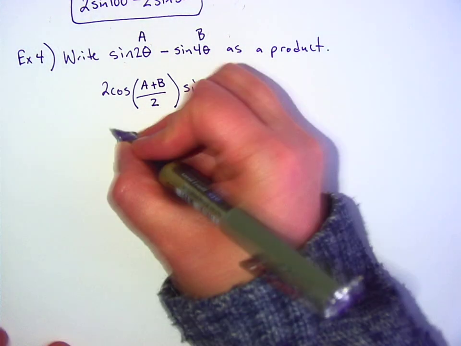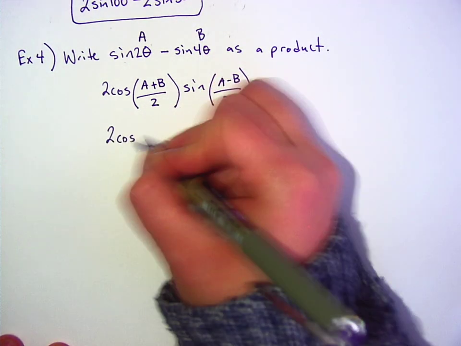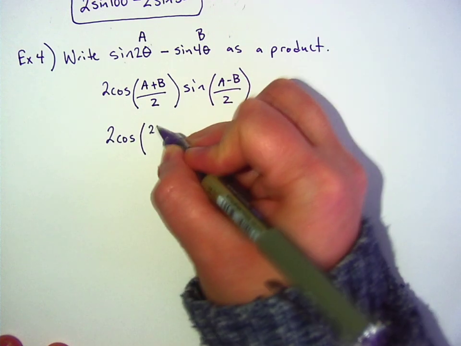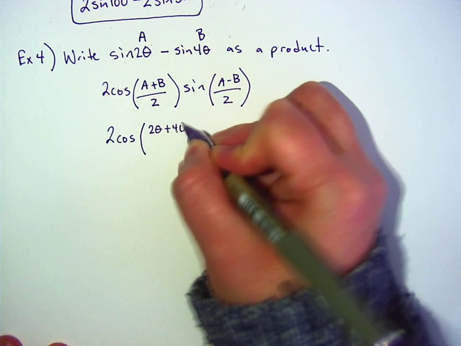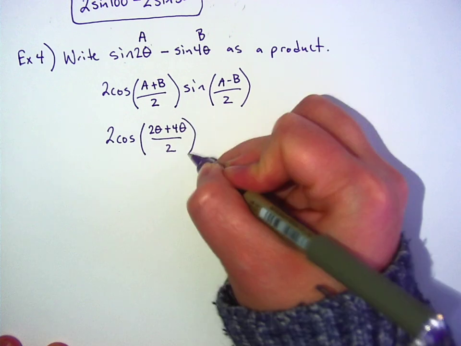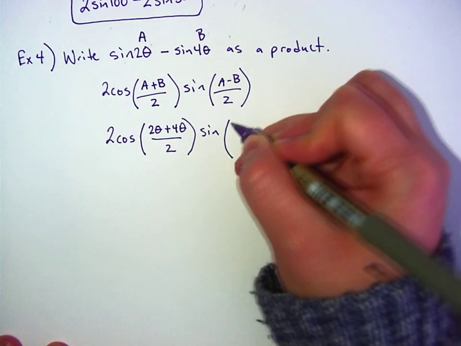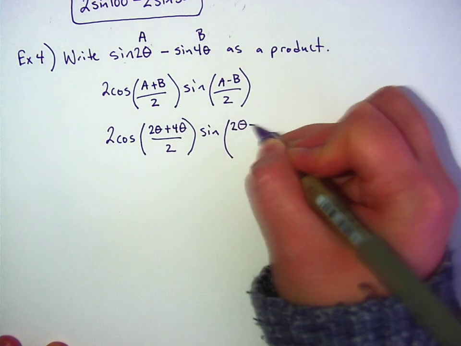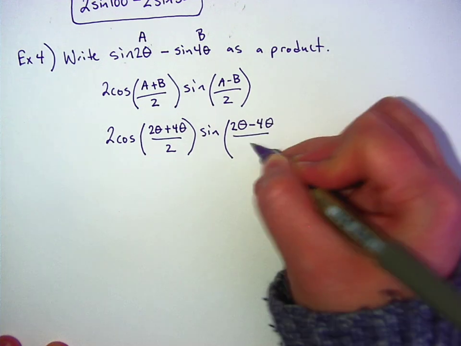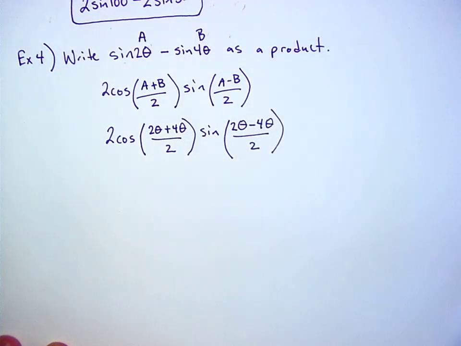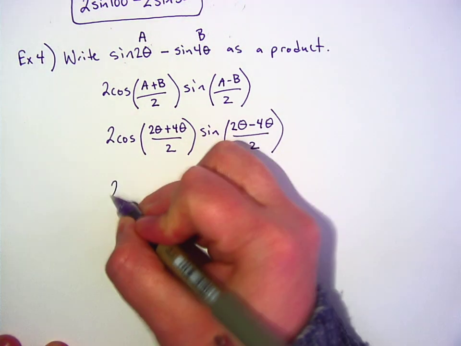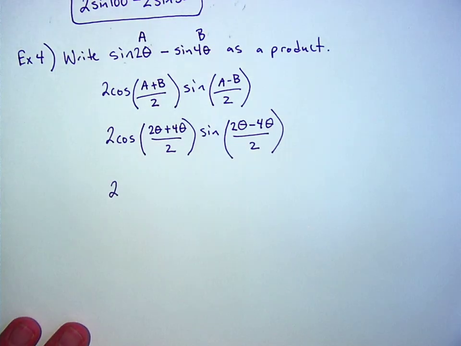All right, so we're going to do this together. 2 cosine, A is 2 theta and B is 4 theta, and we're going to divide by 2. Then we've got sine, and this one is 2 theta minus 4 theta divided by 2. 2 theta plus 4 theta is what? 6 theta. What's 6 theta divided by 2? 3 theta.